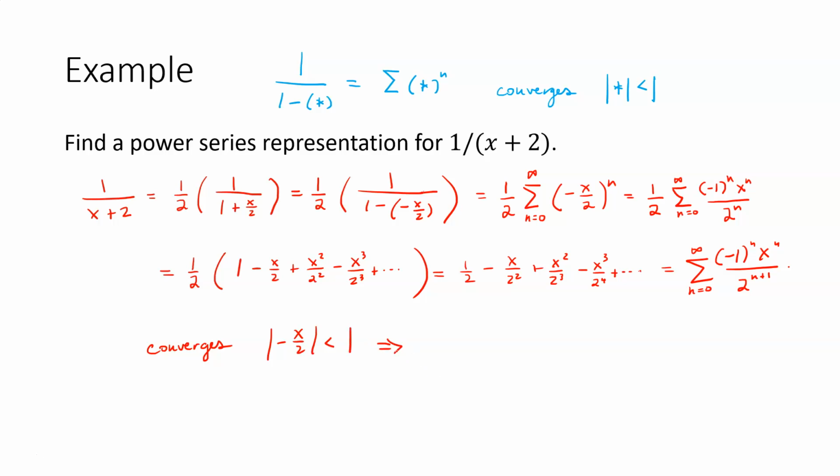Which means that the absolute value of x over 2 is less than 1. And that means that the absolute value of x is less than 2. So here you see the radius of convergence is 2. And our interval of convergence would be from negative 2 to positive 2.